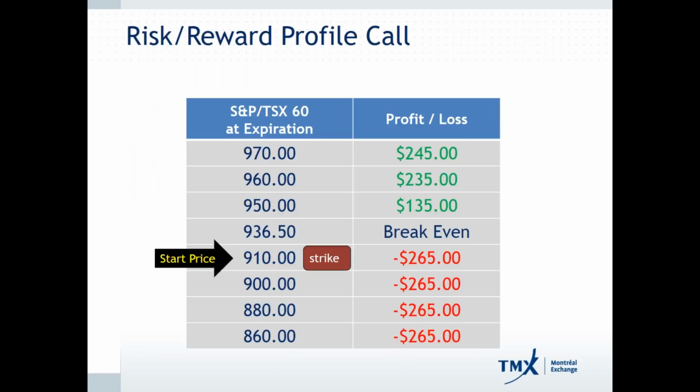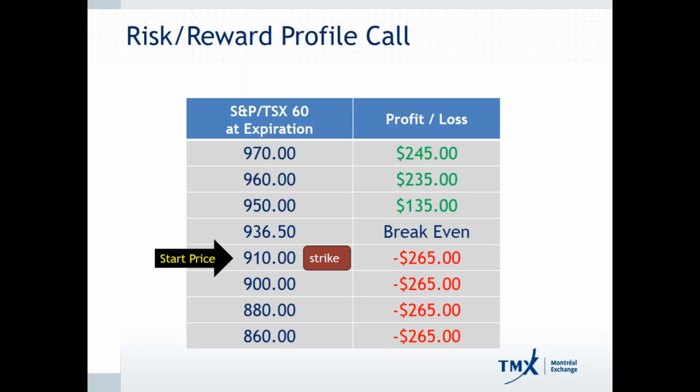Now, what you'll see here is that we have essentially a little profit and loss graphic. If the index is trading at 910 on expiration, it would expire worthless, and you'd lose your entire premium. So you can see essentially what we need to consider is, where does the index have to be in order for us to break even?